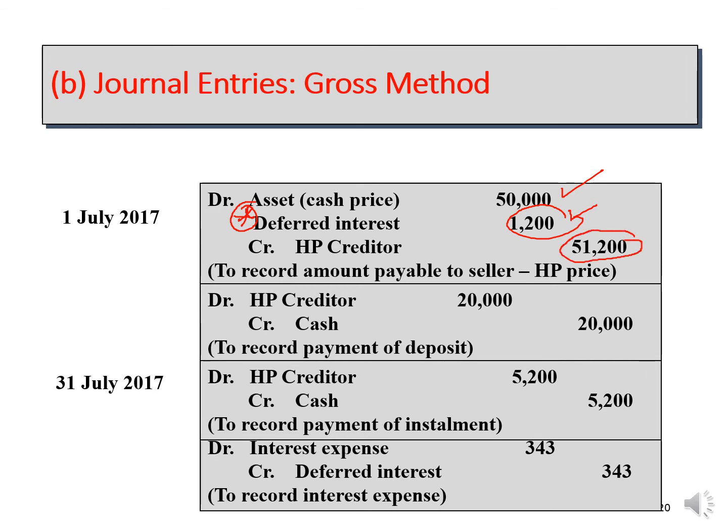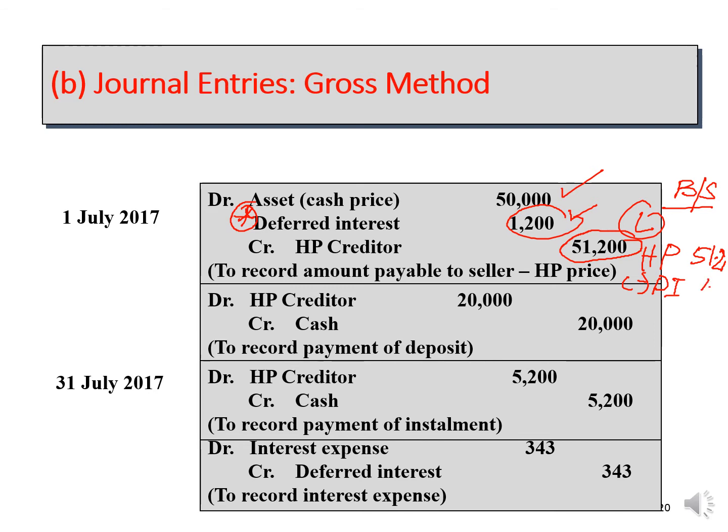This deferred interest account is actually a contra account to your HP creditors. So in your balance sheet, under your liability HP creditors, you will state 51,200. This 51,200, you will deduct against your deferred interest of 1,200, because the deferred interest is a contra account to your HP creditors.